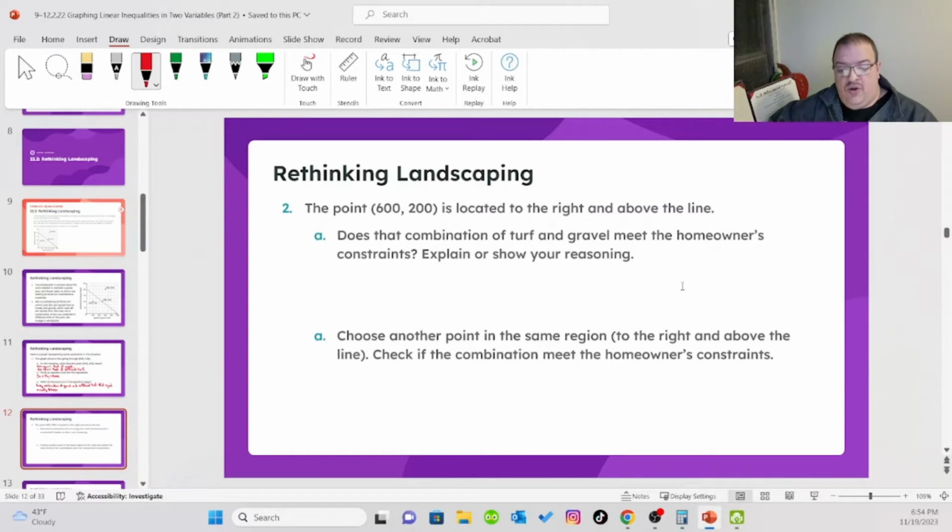So now they want us to look at the point 600, 200. This point is located to the right and above the line. Does that combination of turf and gravel meet the homeowner's constraints?